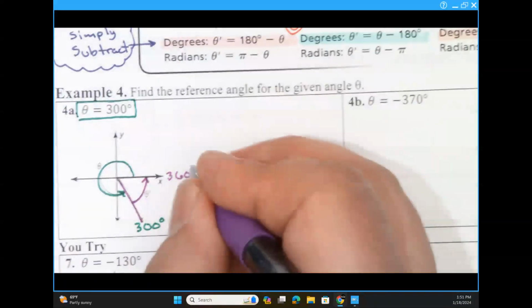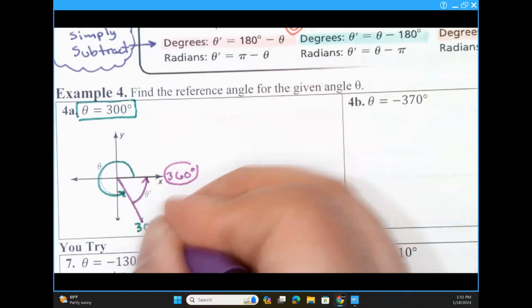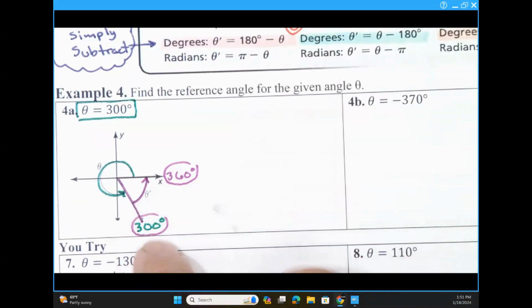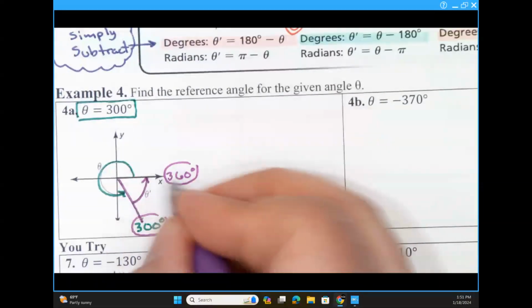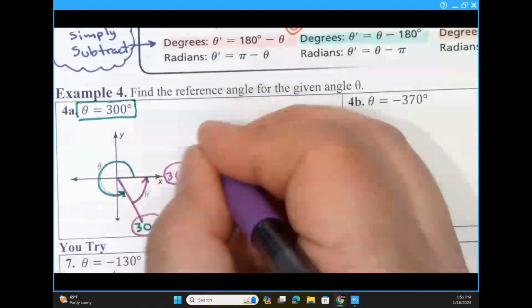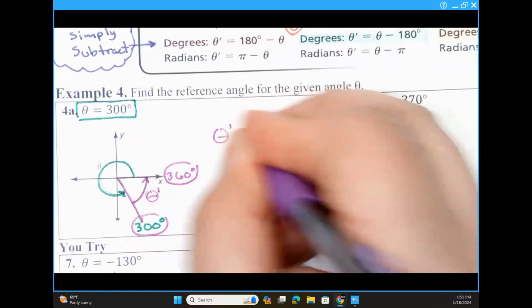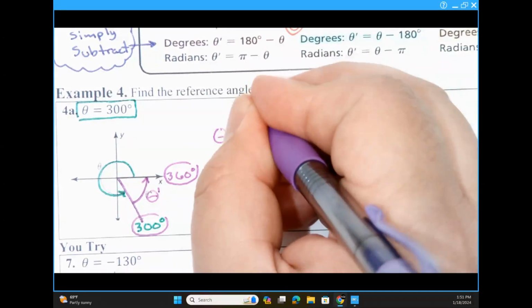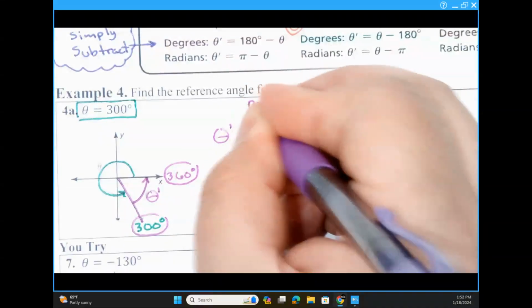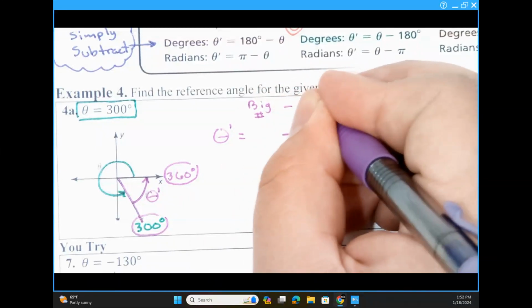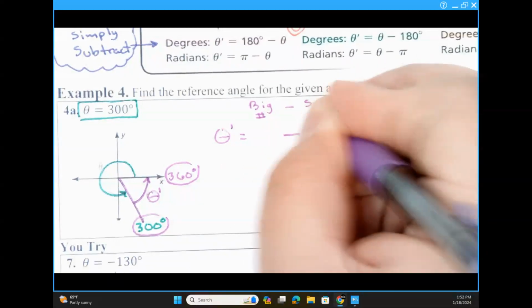All right, well, I'm going to use this number, and I'm going to use this one. That's my angle marker, and that's the x-axis angle marker. So theta prime, right there. All I have to do, we said, is subtract. But the rule is big number first minus the small number. In case you forget, well, which one is which? Well, look, I'm in quadrant number 4.